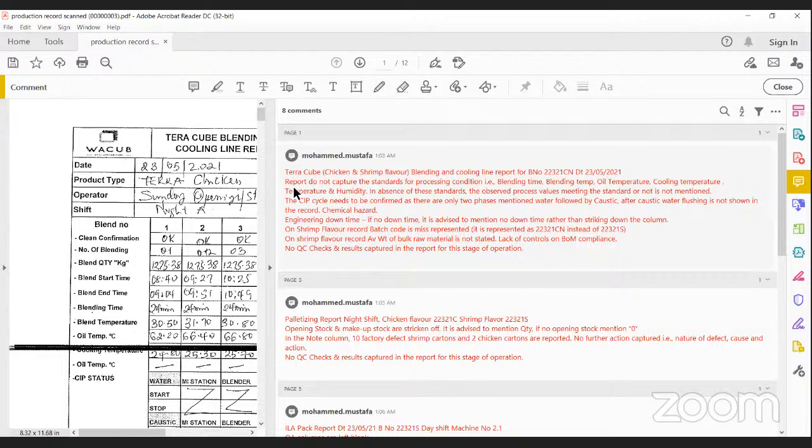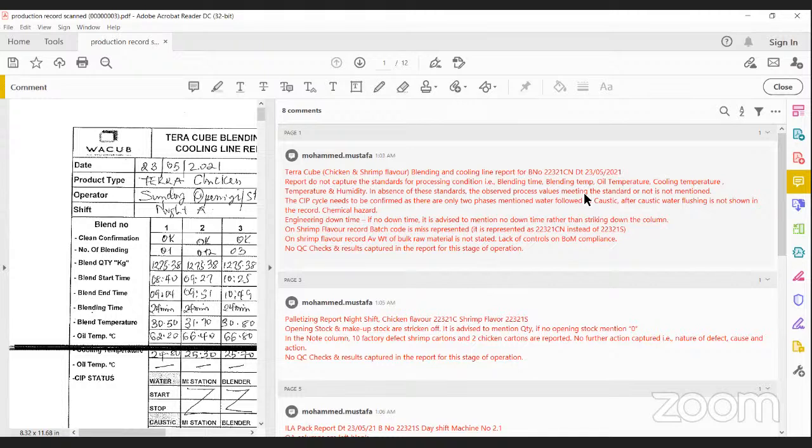That is the blending time, the blending temperature, oil temperature, cooling temperature, then temperature and humidity, that is the environment.